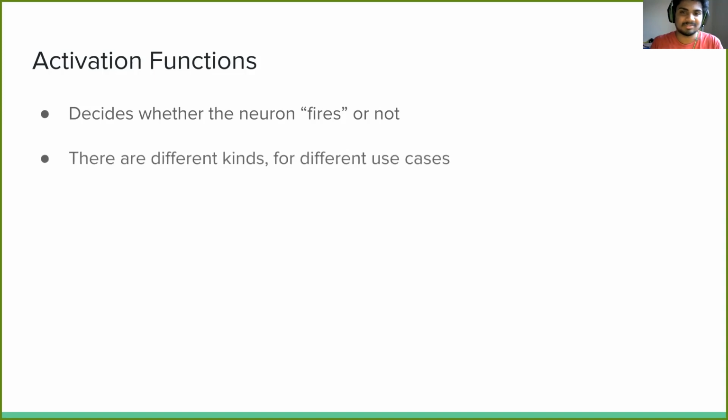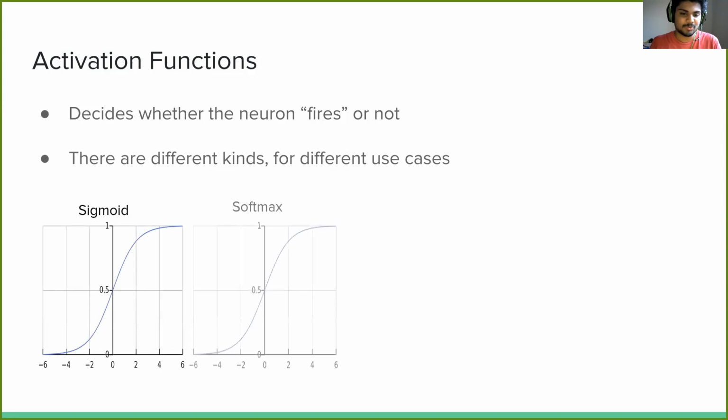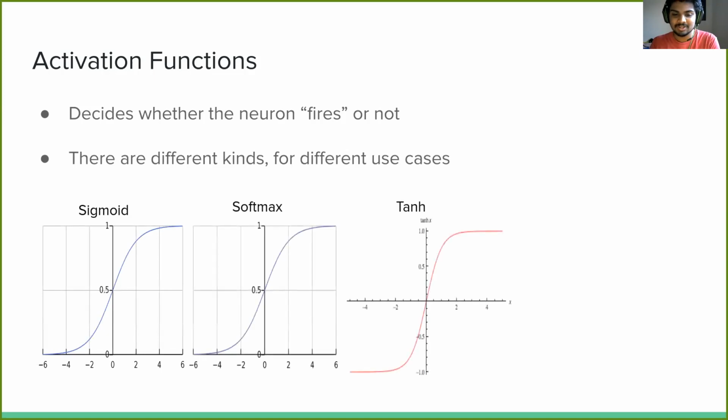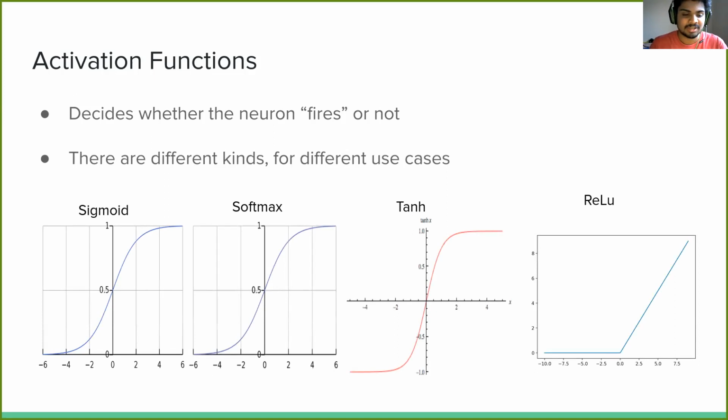So we've got a whole heap of these functions. We've got the sigmoid function, we've got the softmax, we've got tanh, and one called ReLU, or rectified linear. Now, if you see, both the sigmoid and softmax look almost the same, but they're not. The way they're computed is different, and they have different use cases. Same with the tanh function.